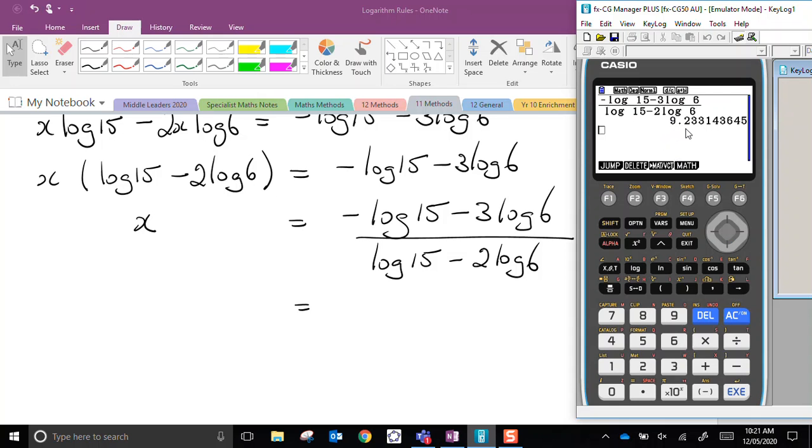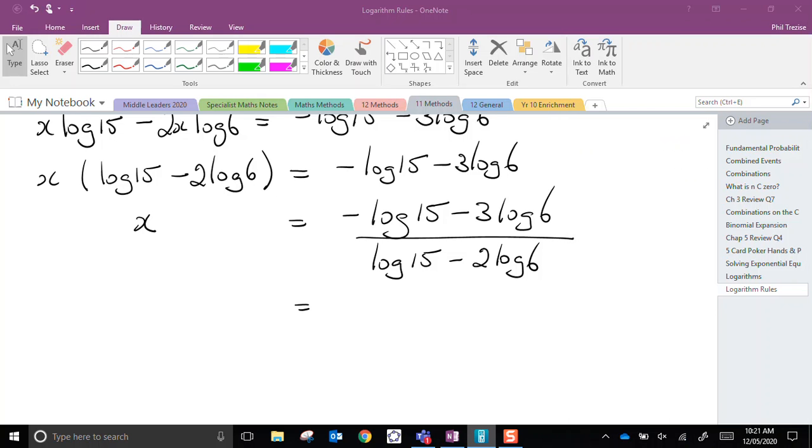There's my result, 9.2331. I'll just write that down, 9.2331. In fact, I should put approximately, because I've rounded off to the 4th decimal place.